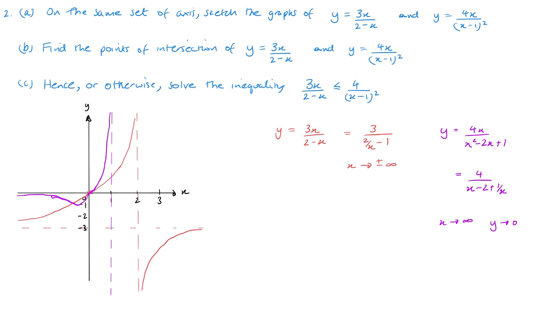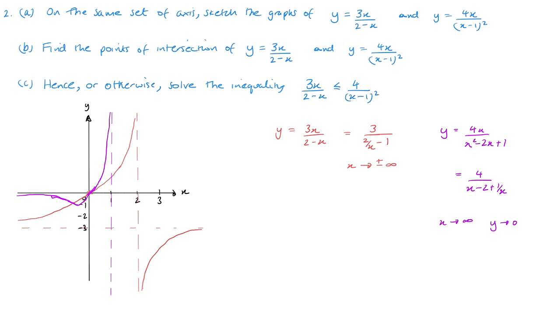So something like that. Okay, so if I'm right, then when we do the second part, we should have 2 points of intersection: 0, 0, and a negative value here.